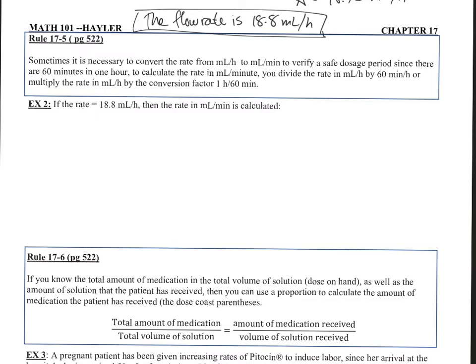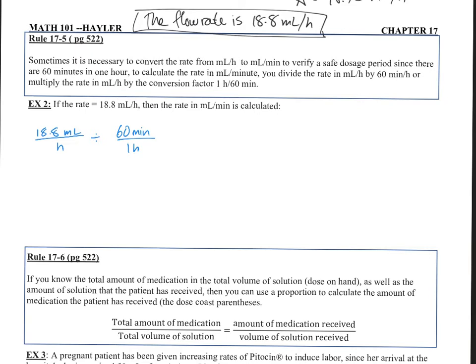So let's take a look at an example. If the flow rate is 18.8 milliliters per hour, then the rate in milliliters per minute is calculated as follows. I'll show two options here. First option: you start with the 18.8 milliliters per hour. Go ahead and divide this by the 60 minutes per 1 hour.